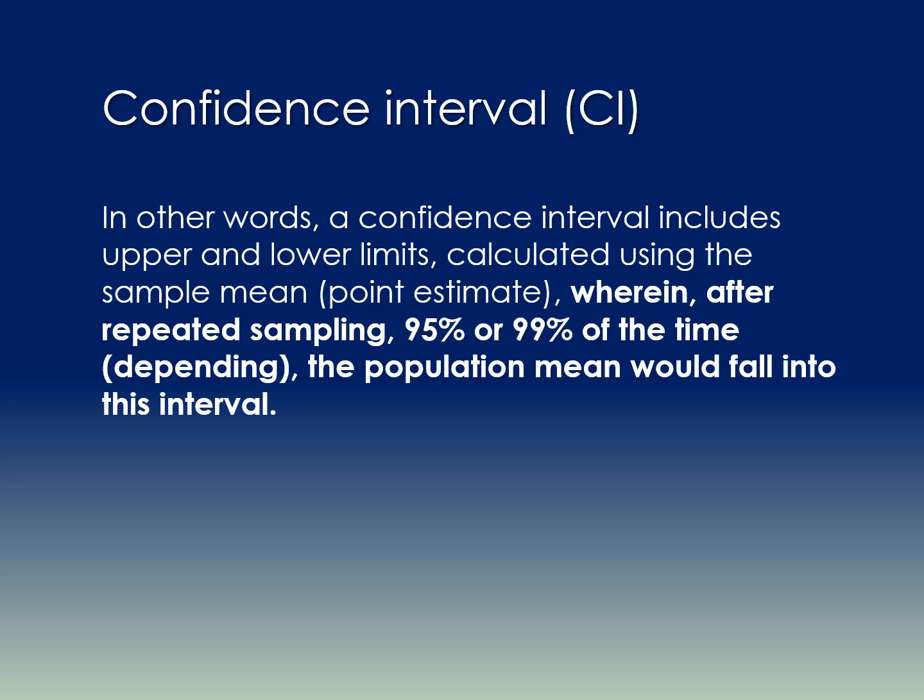So this is what we mean when we talk about a 95% or a 99% confidence interval. If it's a 99% confidence interval, then 99 times out of 100 of repeated sampling, with the same sample size from the same population, the population mean is going to fall inside that particular confidence interval.